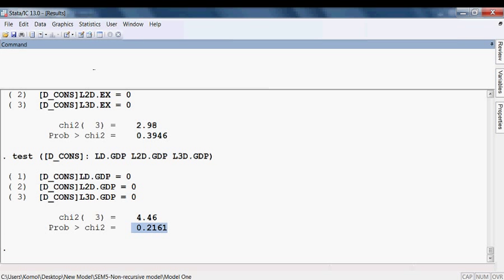Okay, what is the summary of this model here? The summary is there is no long run or short run causality running from EX and GDP to cons.